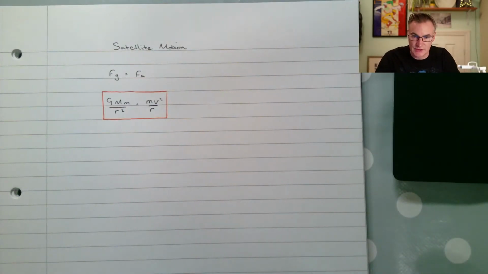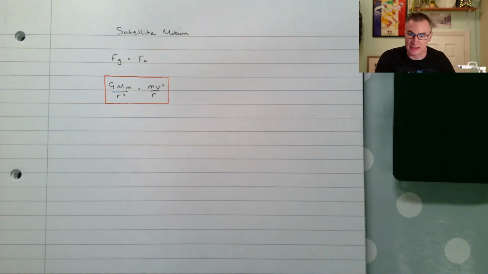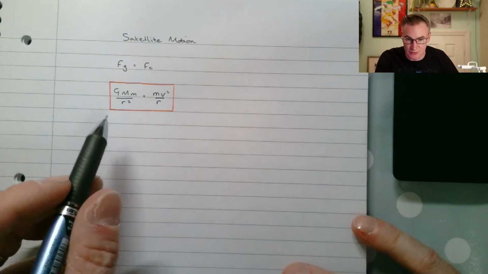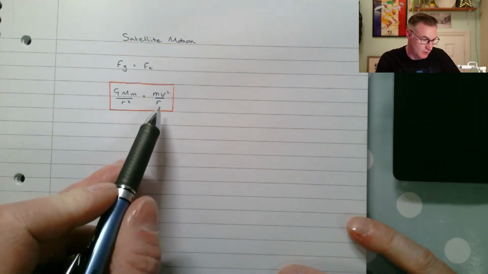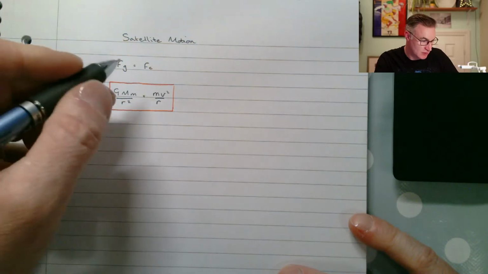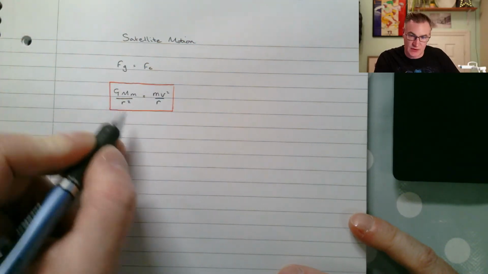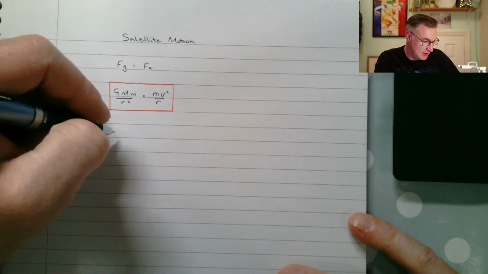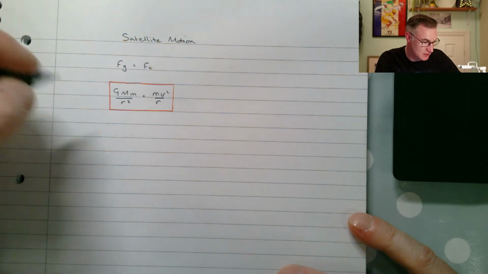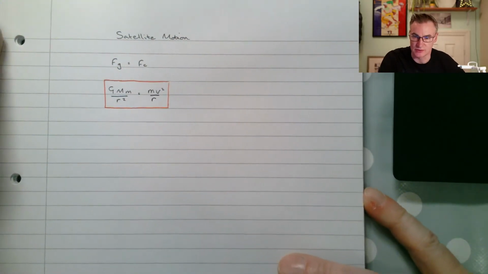So let's have a wee look and see what we can do with this. Well, the first thing is that we could work out the velocity of a satellite. So if a satellite is in orbit, from known values, we could work out what the velocity of that would be. So we'll start off here as ever, and I'm going to take this in quite slow steps.